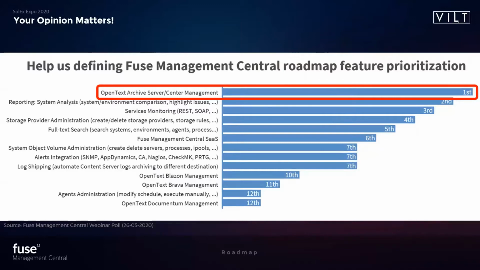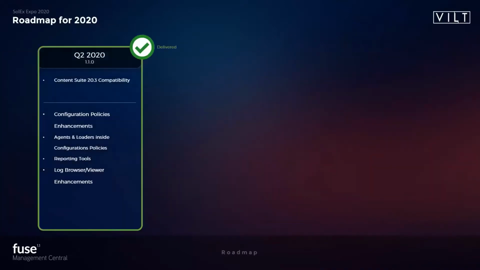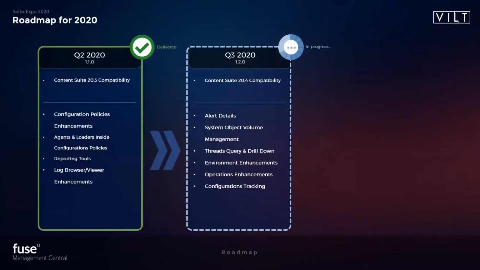All customers said that this should be next on our Fuse release. And as you can see on our roadmap, this is our current version, which was already delivered. And you can see that version 1.2 is in progress. It's currently being developed, and will have alert details, the system object volume management, the threads and threads query and drill down, and a lot more cool stuff.